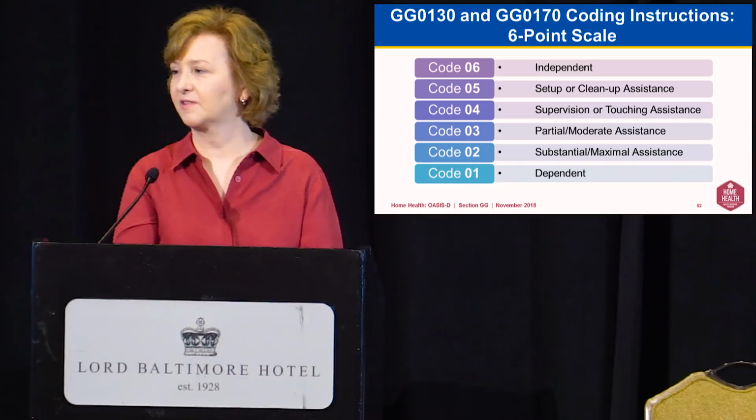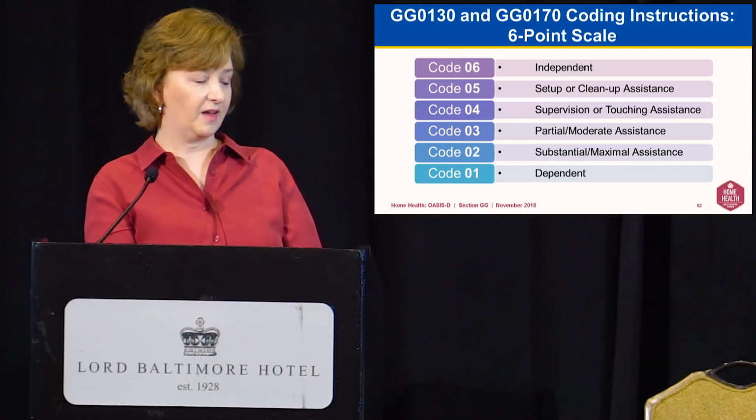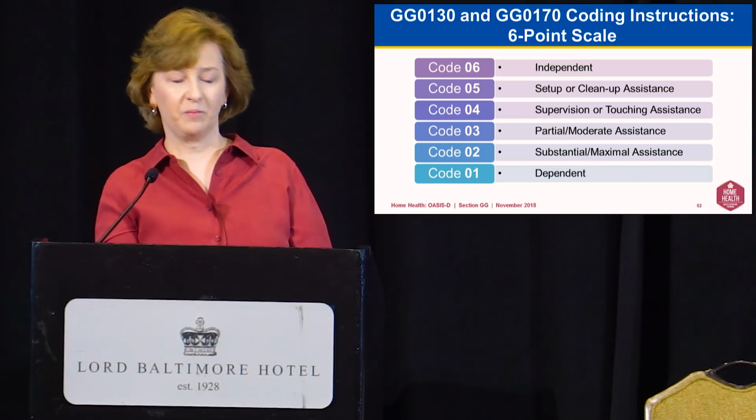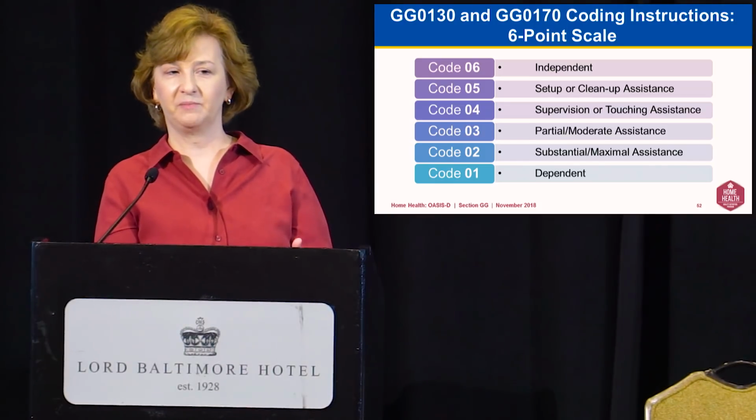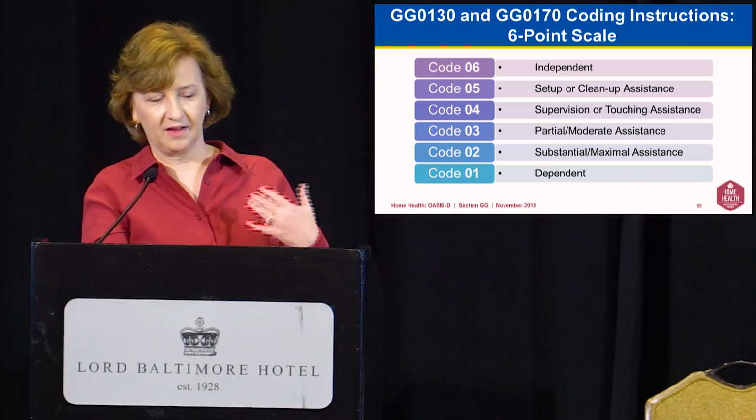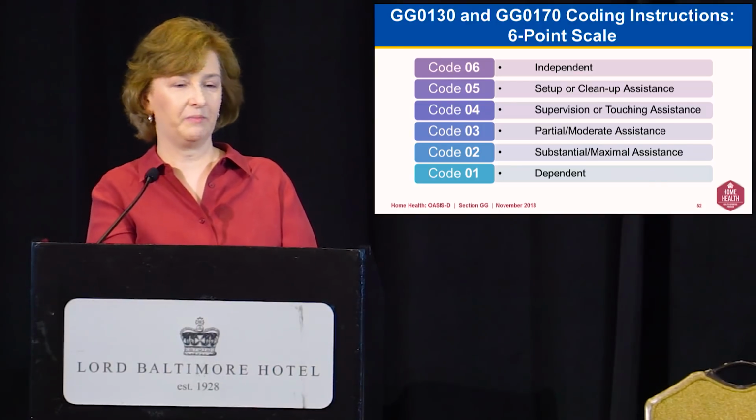So now we're going to spend a little bit of time talking about the rating scale that's used for the self-care and mobility activities. Basically, a higher score indicates more independence, and at level 6, we start off with independent.